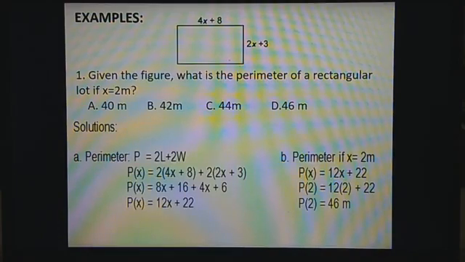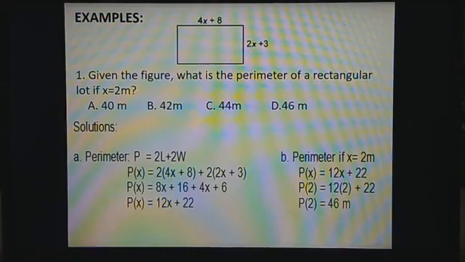So, isa-substitute lang natin yung ibinigay na width at saka length dun sa figure. So, we have here P of x is equal to 2 times the quantity, yung length, isubstitute natin ang length, 4x plus 8, plus 2, yung width, 2x plus 3.